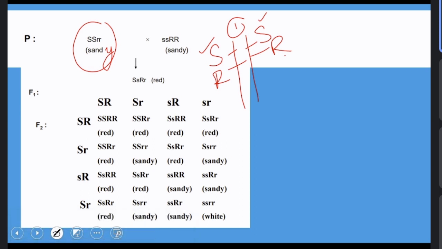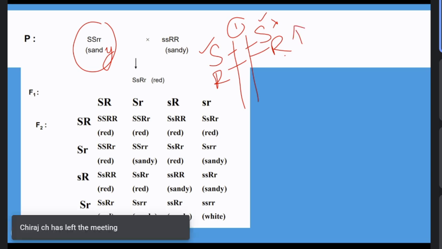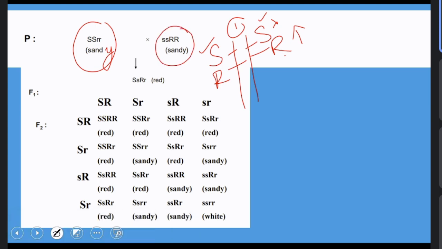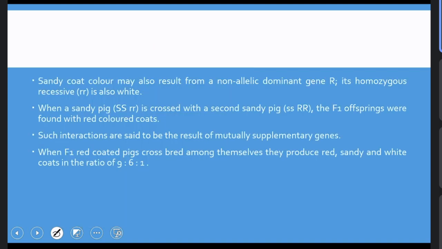When the first locus is recessive and the second locus is dominant, what is happening? Still, it is the same phenotype, sandy. So small s, small s, and capital R. Both have the same phenotype.